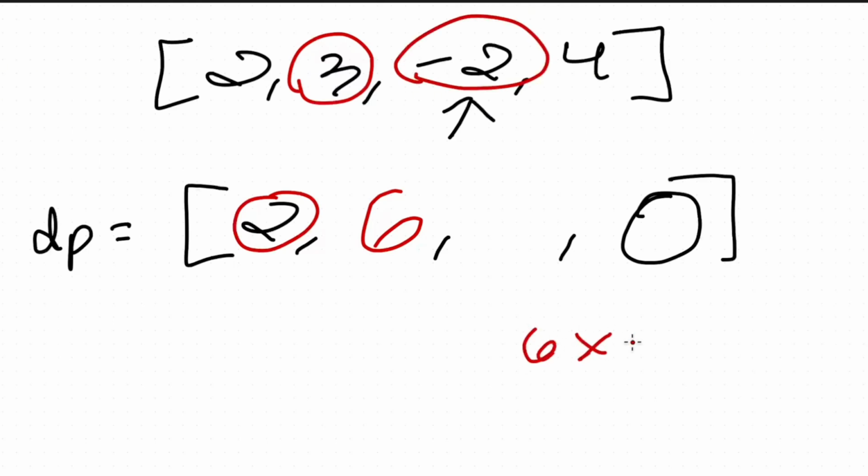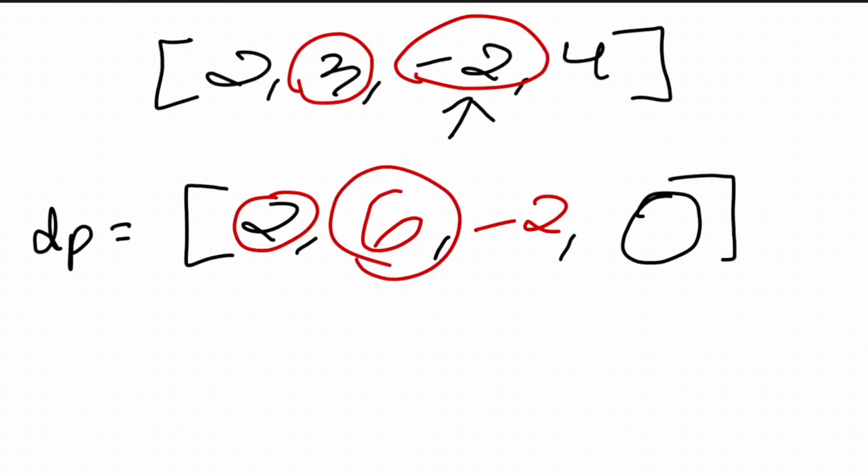It's 6 times -2. Is that greater than or less than -2? Less than, so this gets updated to -2, right? Which is wrong, but it's not necessarily what we wrote it to do.